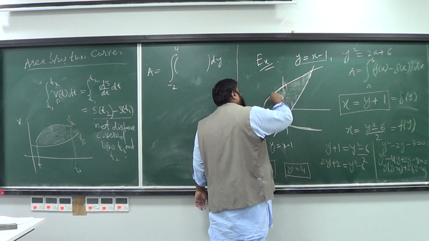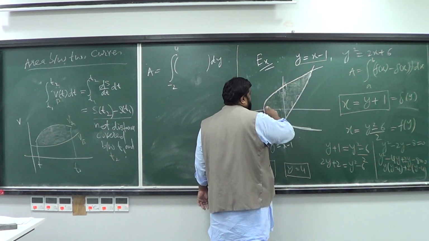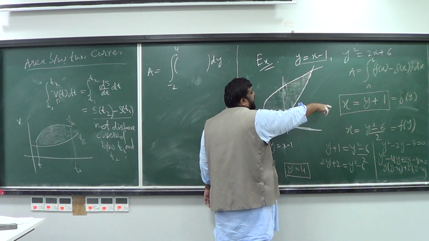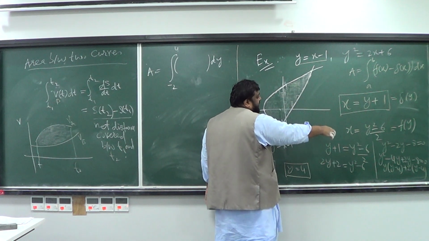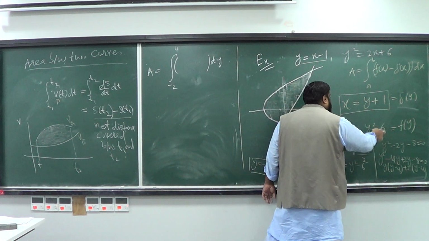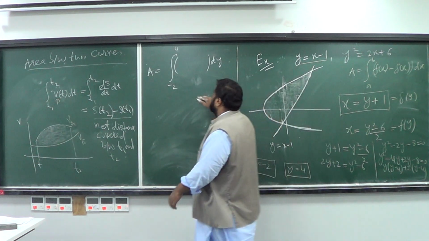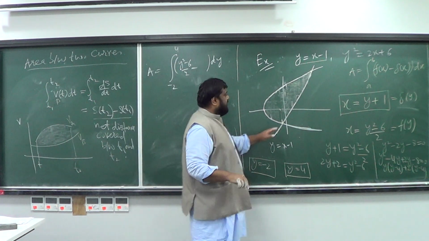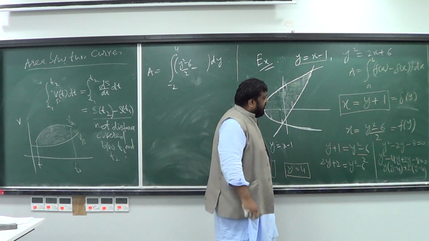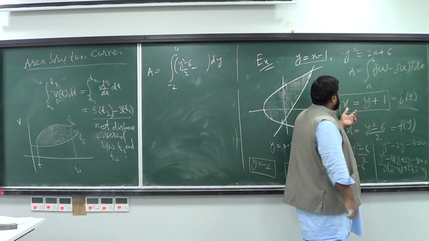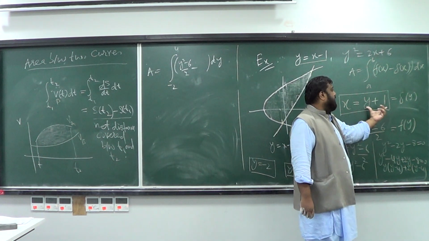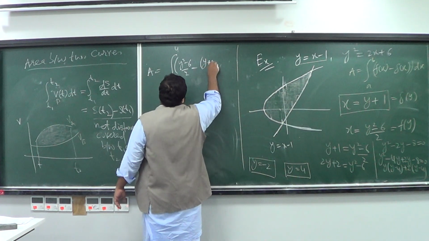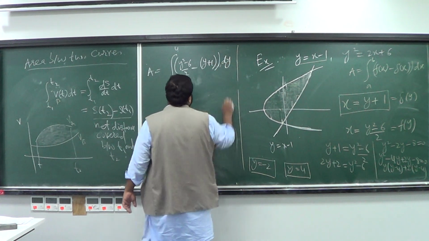Now, what is this curve? This curve is y square equal to 2x minus 1. But what is the value of x on this curve? This is really f of y actually. So you can substitute (y square minus 6) upon 2 minus this line, which in terms of y has this formula, which is y plus 1, and dy.